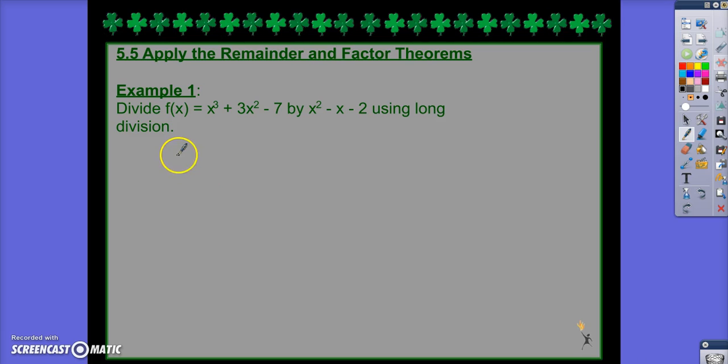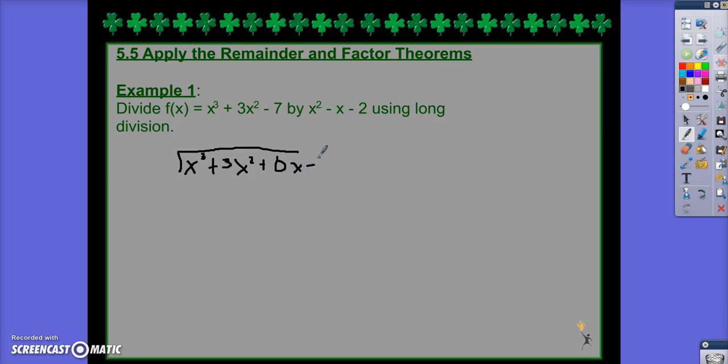So when I write this with my big division box here, what goes inside first? x cubed plus 3x squared. Now you notice we don't have an x to the first, so I'm going to put plus 0x.